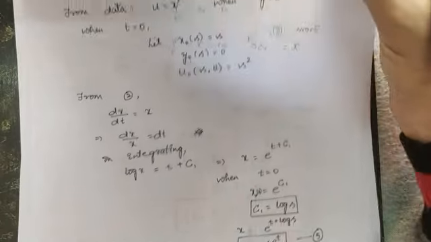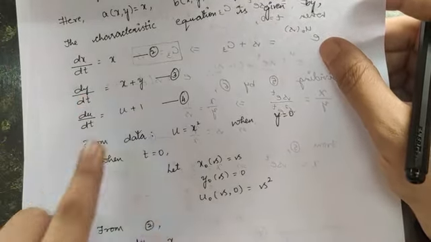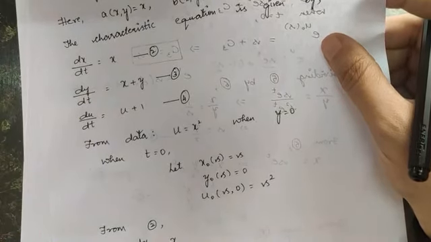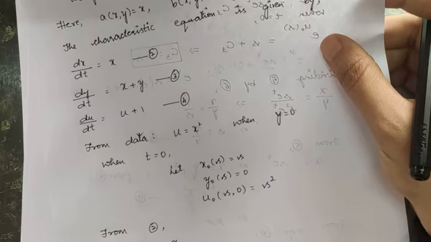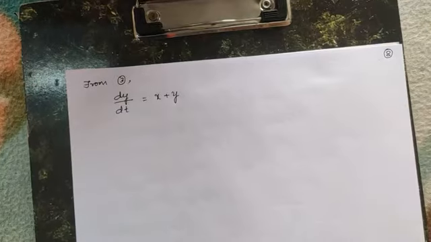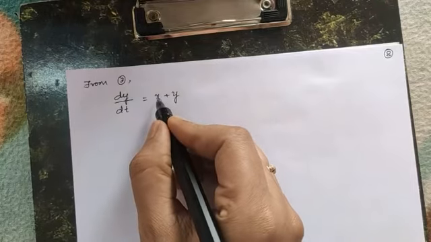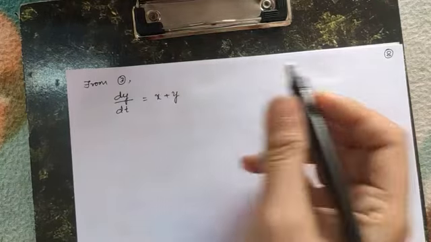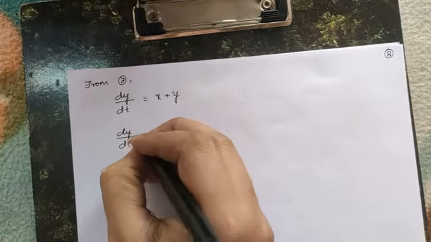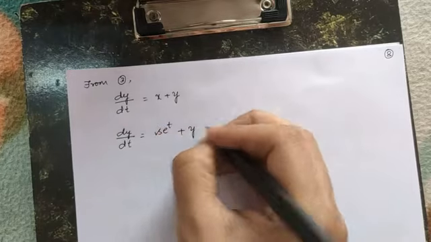So now I have to find out the value of y. dy by dt is equal to x plus y. So I will consider your equation number 3. Using your equation number 3, let's solve for y. Okay. So first what I have to do, I have to substitute the value for x from your equation number 5. So dy by dt is equal to s into e power t plus y.